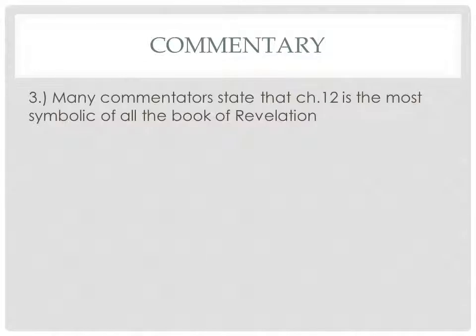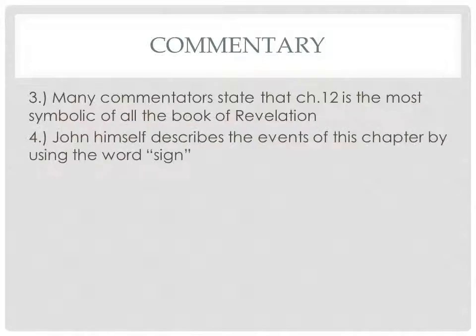Many commentators have mentioned that chapter 12 of Revelation is the most symbolic chapter in the entire book. So a lot of symbolism. Even those who would lean toward a very literal interpretation of the book would still allow for a lot of symbolism to be going on here in chapter 12.